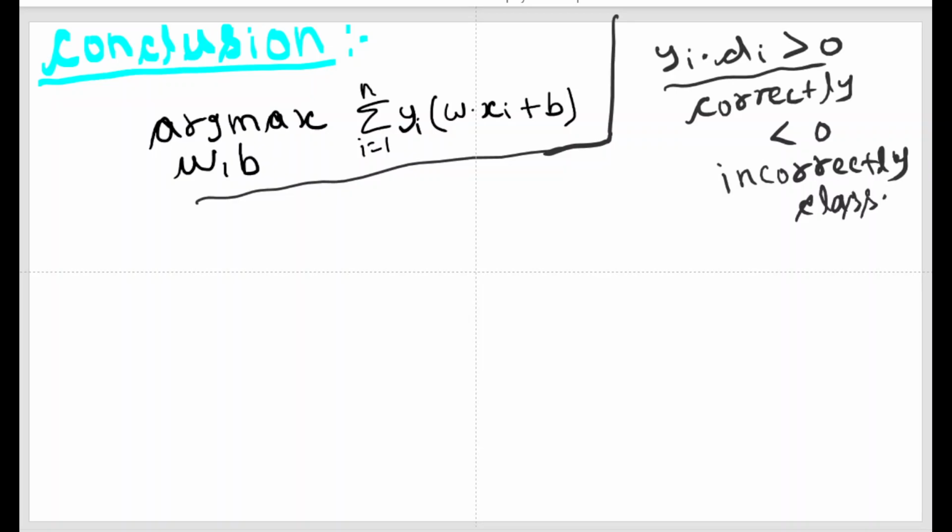And somehow we need to use these techniques in order to find out the actual values of W and B, right? So here we come to a conclusion.